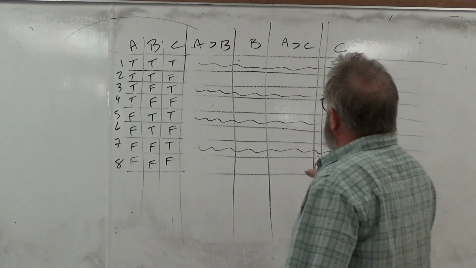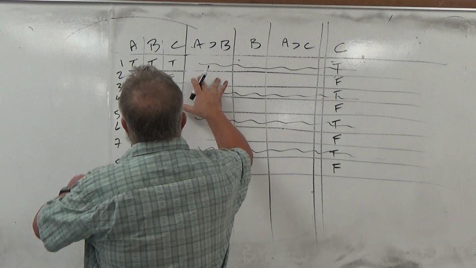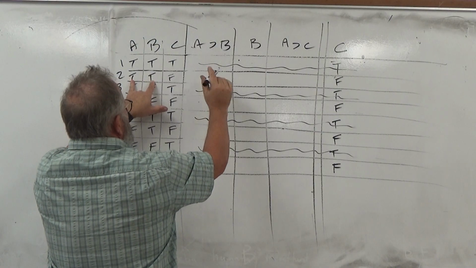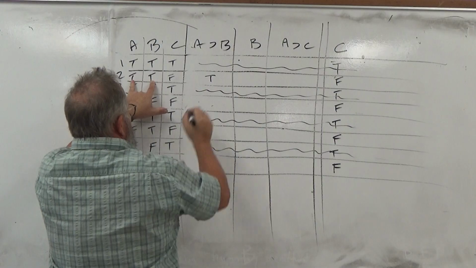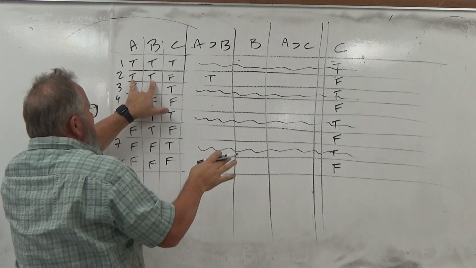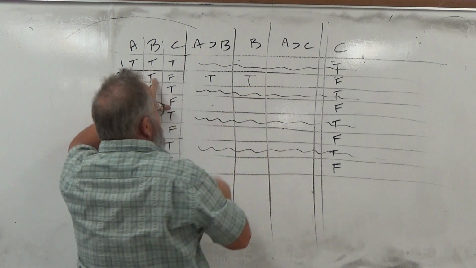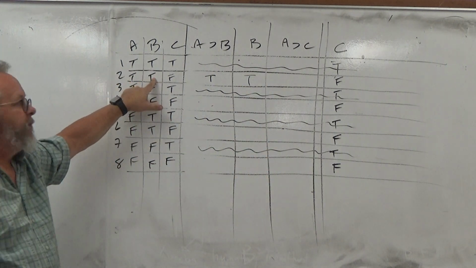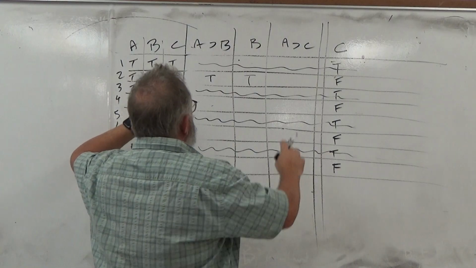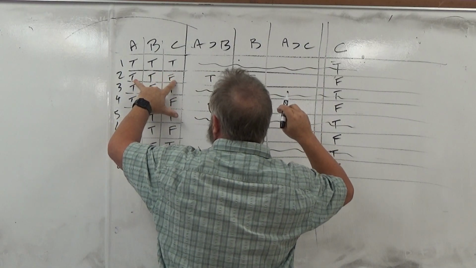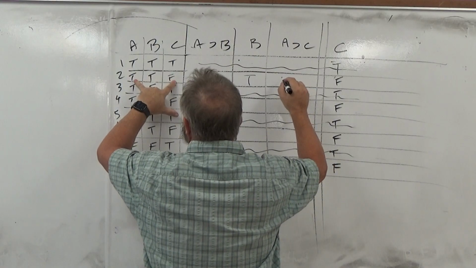Okay, so let's do this. A then B, true then true is true, so we're going to keep going. B is just true on this line, so we're going to keep going. And now we have A then C. True then false is what?